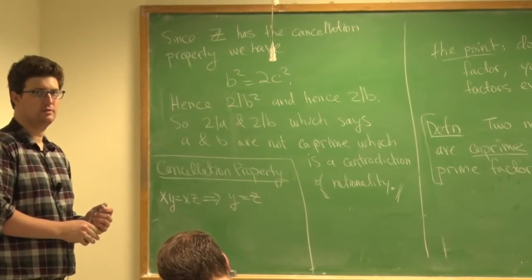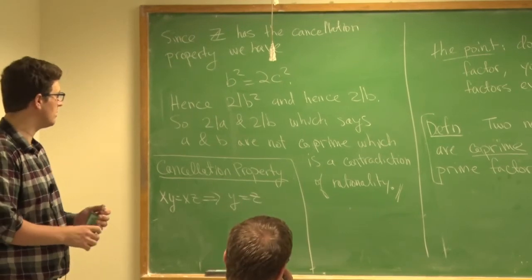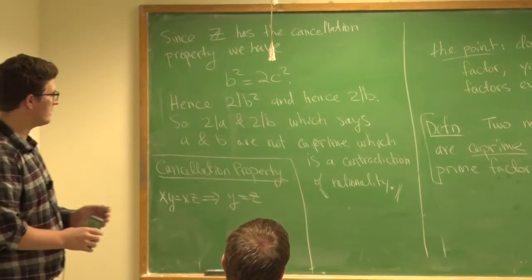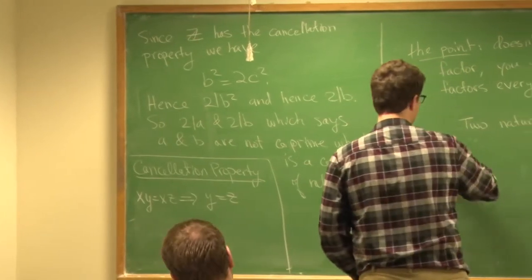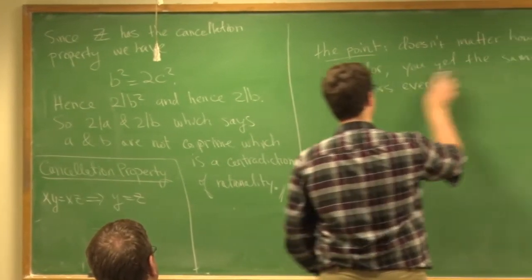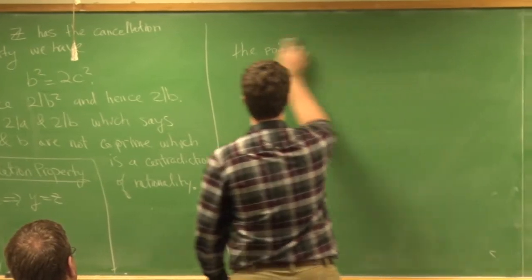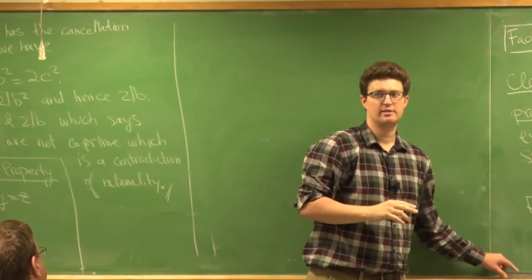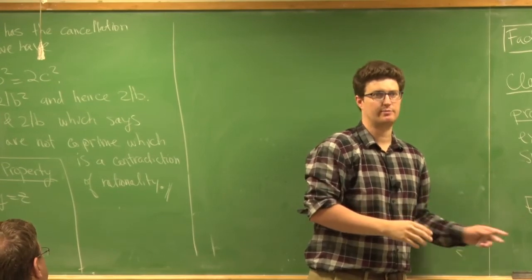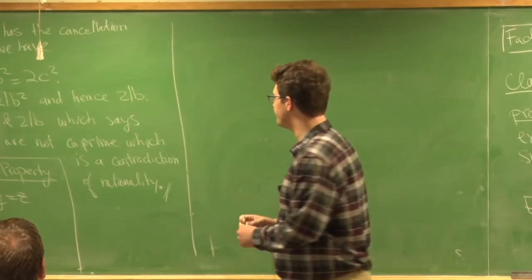Cool? Okay. All right. So that's cool. So we proved that the square root of 2 is irrational. You guys can show the square root of lots of things are irrational now, using a similar proof to this one. So there's kind of a more general proof in this one where you can show things are irrational.